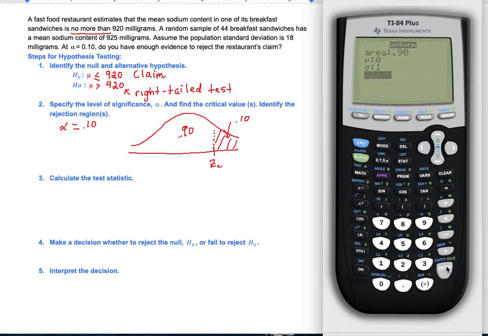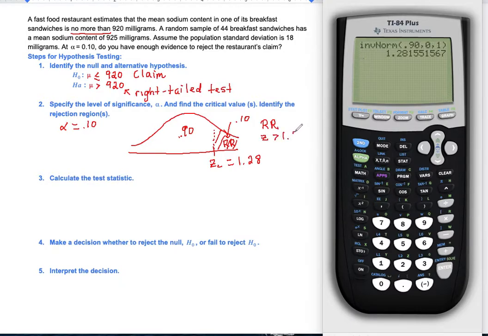Hit enter, enter again, and we found our critical value, z equals 1.28. The rejection region is anything greater than 1.28. Therefore, we will reject the null if we get a z that is greater than 1.28.